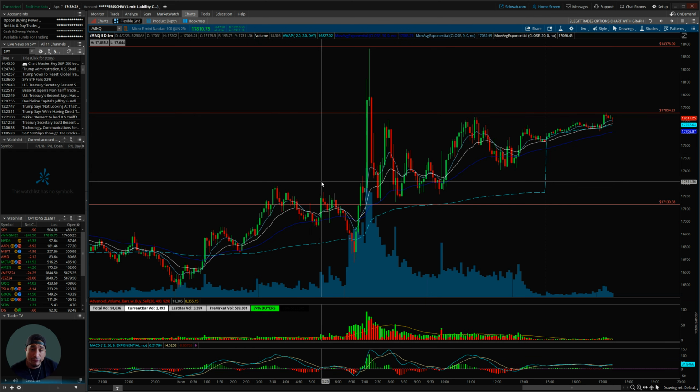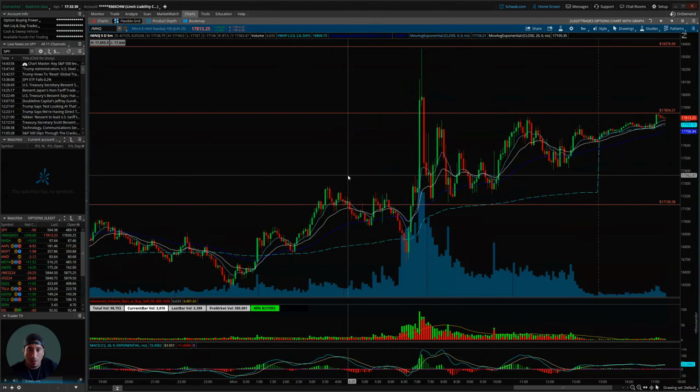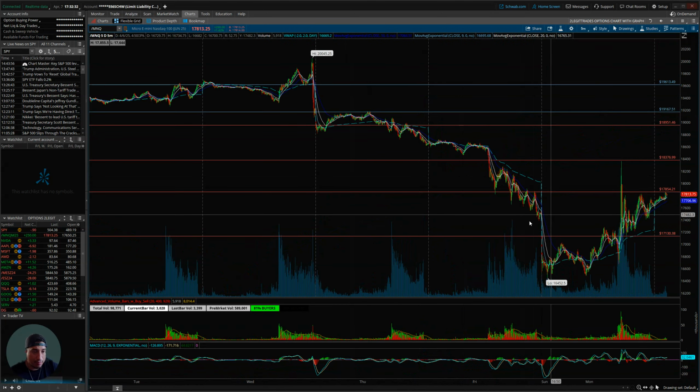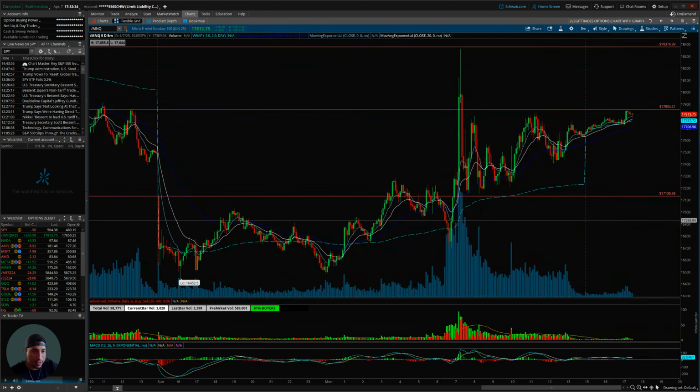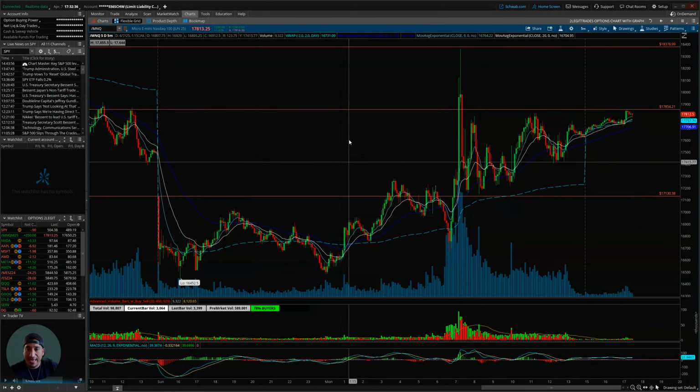What I look for in a breakout trade is, say for example, for today, we're looking at whatever happened pre-market. All this area right here where my cursor is was pre-market.